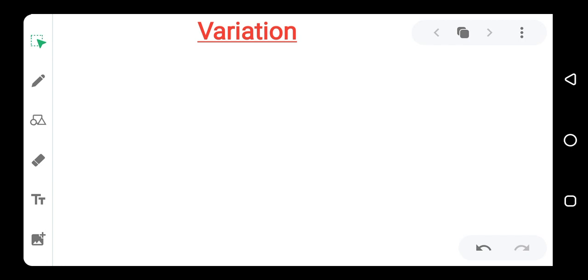Now, variation comes in different forms. We have about 5 types of variation. We have direct variation. We have indirect variation, or what we call inverse variation.